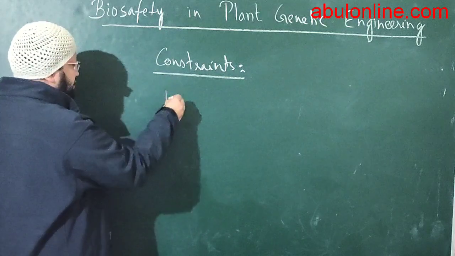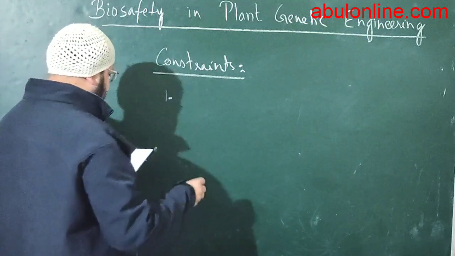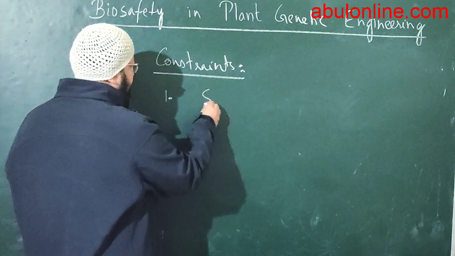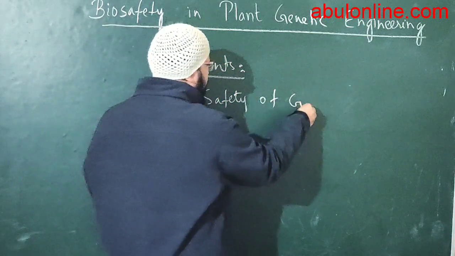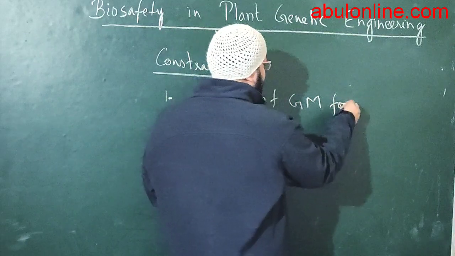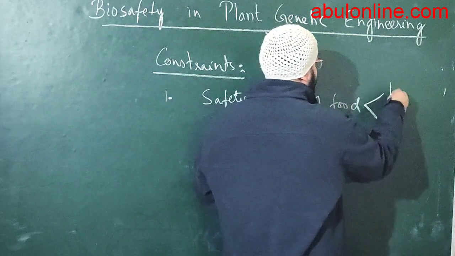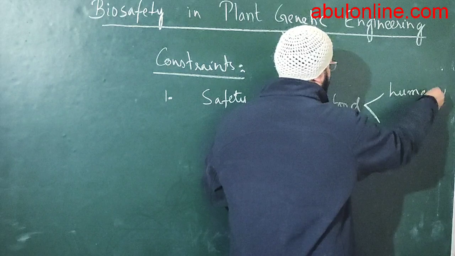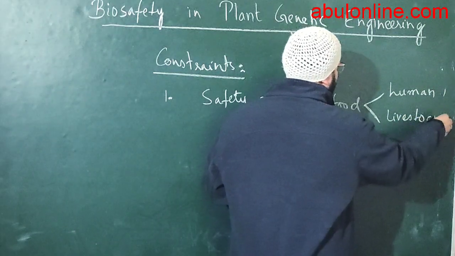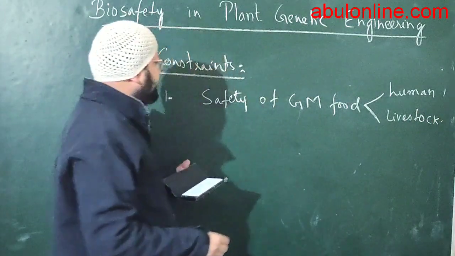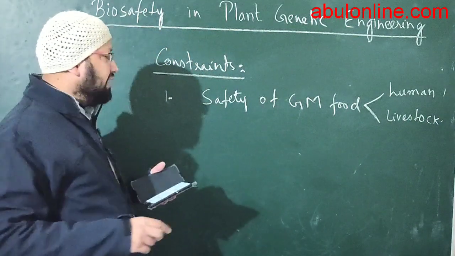The first constraint is the safety of GM food for humans as well as for livestock, the domesticated animals. Why?